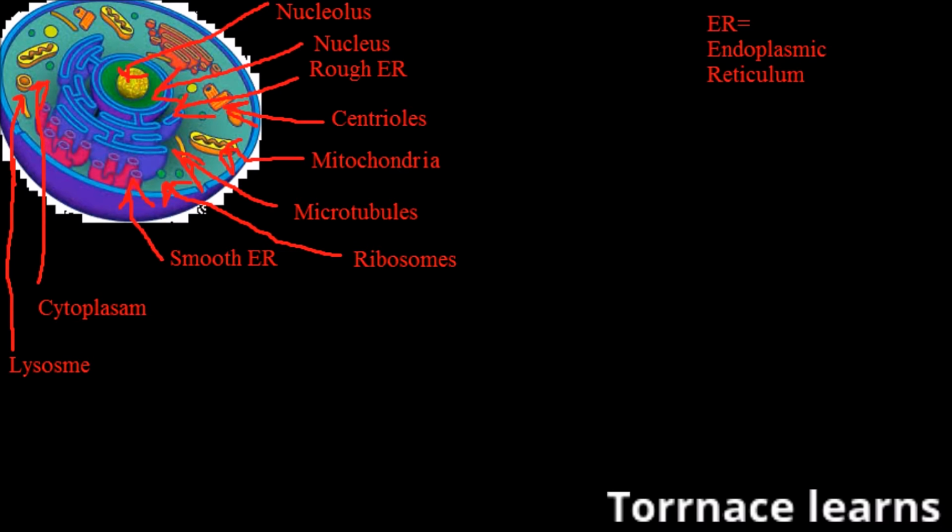What else does it do? It helps kill or eat up dead parts of the cell. It helps eat dead cells. So it has a bunch of functions. It just destroys everything.